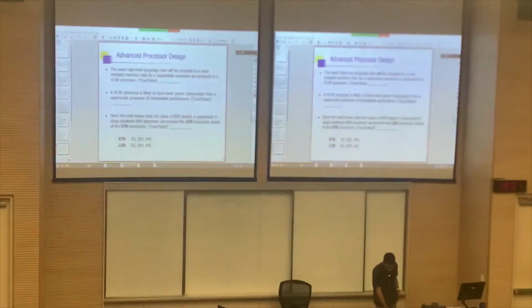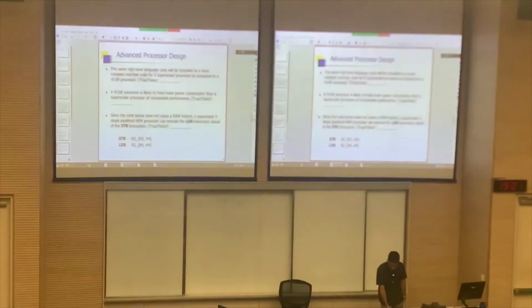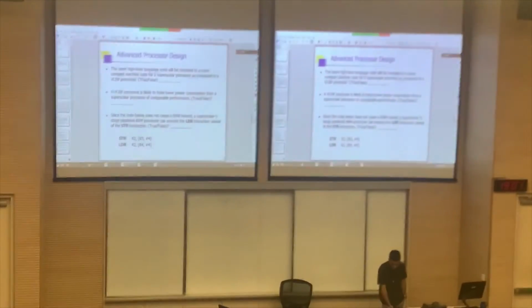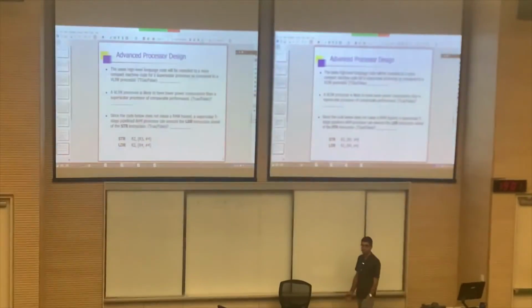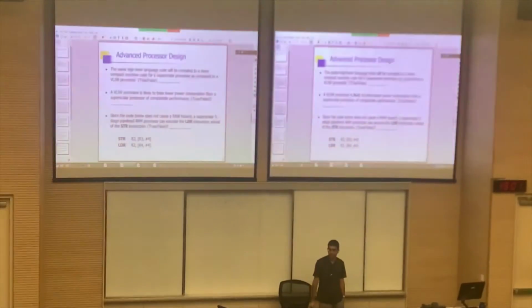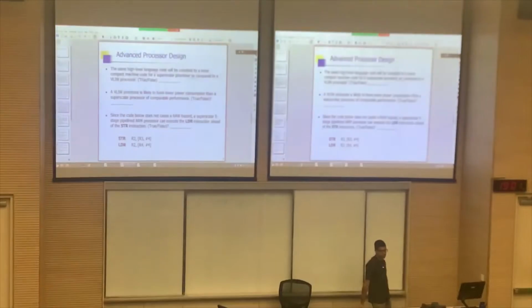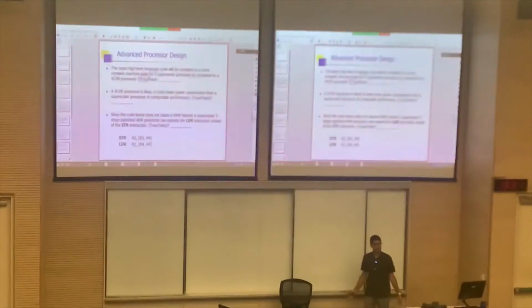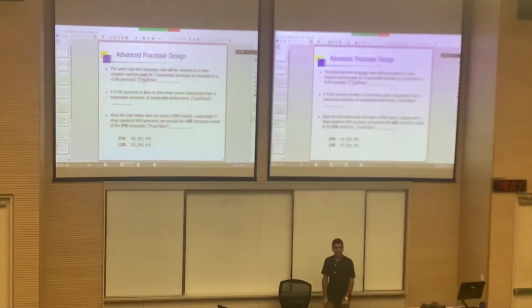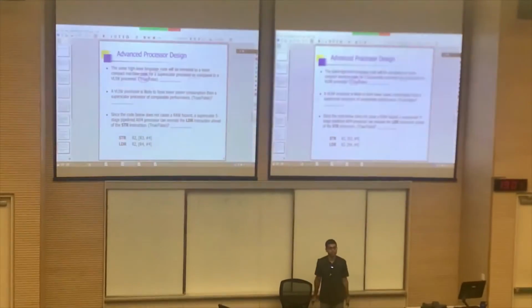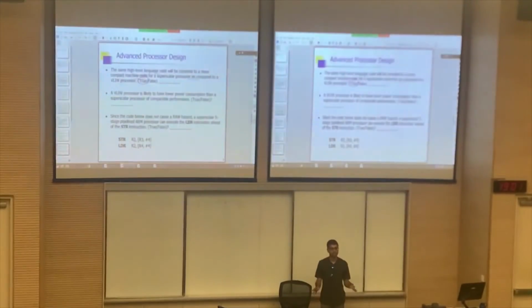Now the same higher level language code will be compiled to a more compact machine code for a superscalar processor as compared to a VLIW processor. Is it true or false? It's true. Because for superscalar processor, the compiler has no obligation to do any kind of dependency check or to provide any kind of guarantees.